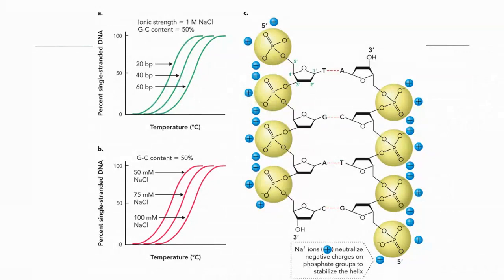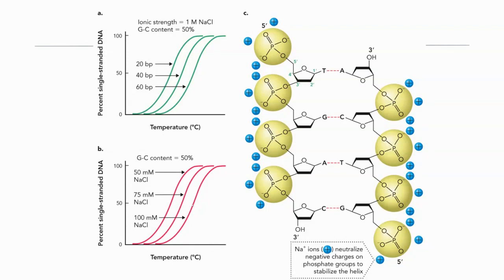And then also, if the solution's sodium concentration increases, then the melting temperature also increases. Okay, so you can see the three curves here. 50 millimolar has the lowest melting temperature, and 100 millimolar has the highest.